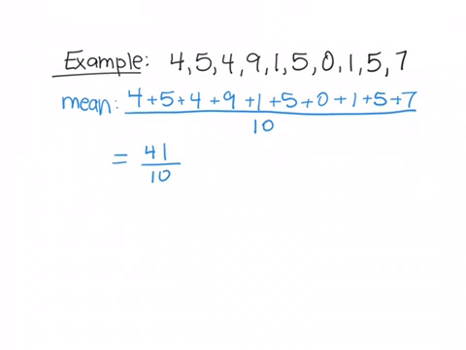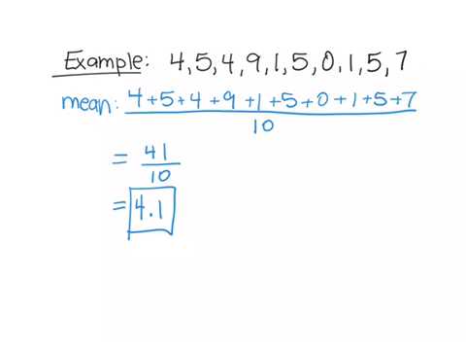And this is divided by 10, which means that the mean of the data set would be 4.1. So that's something important to take note of, that you're not always going to get a nice value, meaning something that's not a fraction or a decimal, as your mean, but it still is correct.